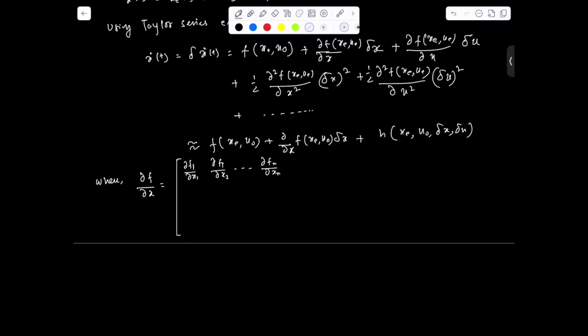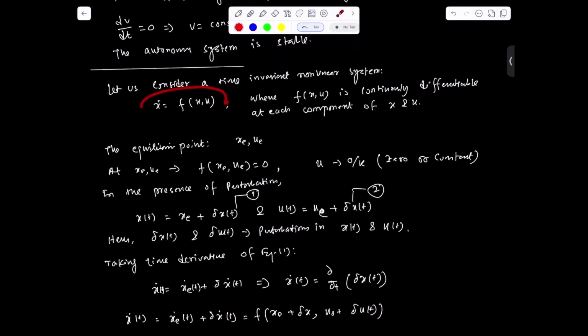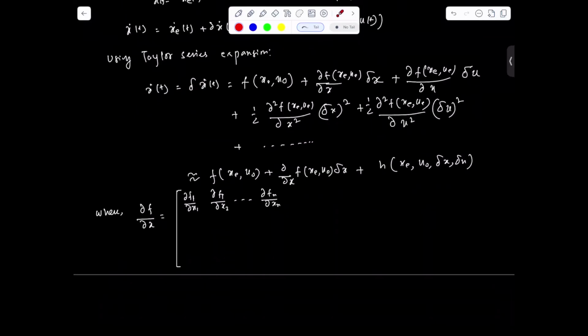If you consider the system is an nth order vector system, then the dimension of the matrix will be n cross n.